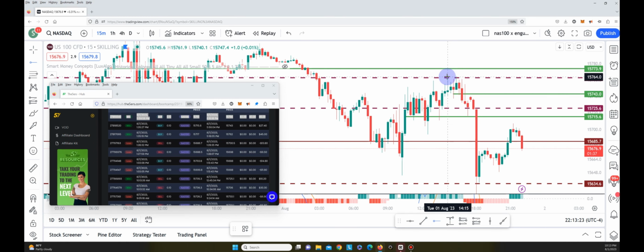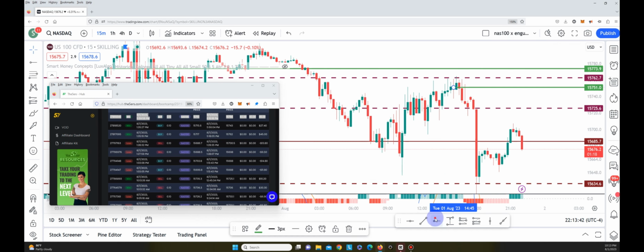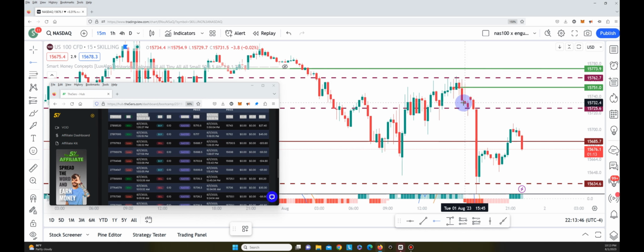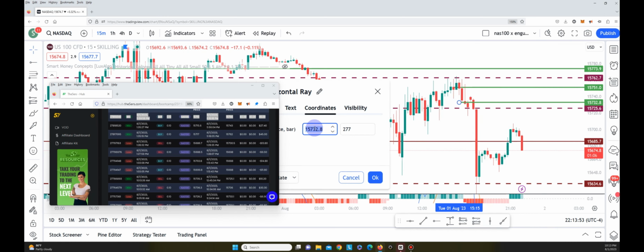I entered at 245, and then at 15,751, at 3:15, I got stopped out for a total profit of $5. And that was it for the day basically.